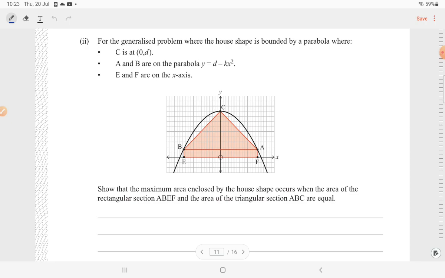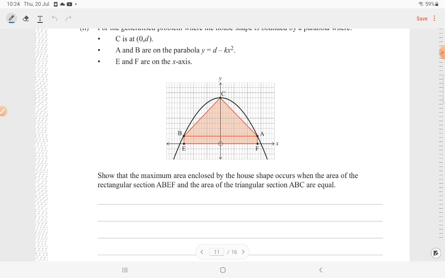So let's see. This is a bit of a weird problem, and I'm not sure whether this is worded incorrectly, but I'll go on that rant later.